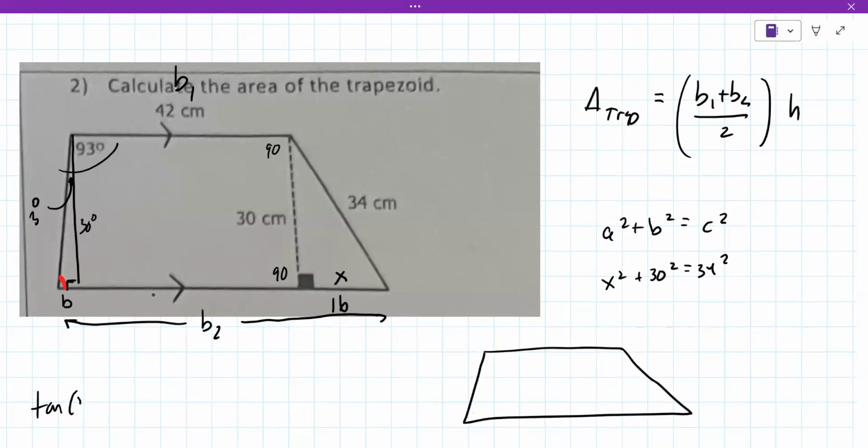The tangent of 3 degrees equals B over 30 centimeters. And that allows you to quickly find B. B is 30 tangent 3. So if you've got a calculator handy, go ahead and calculate that for us, please.